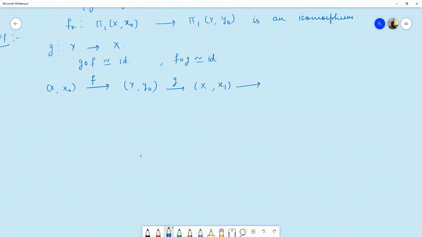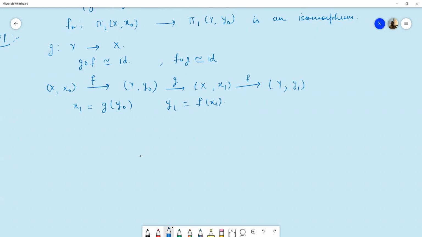Then further we define mapping F, which is already defined from space X to Y. Under this mapping F, let us say this point x1 is mapped to point y1 of space Y. So here basically x1 is G of y0 and y1 is F of x1.